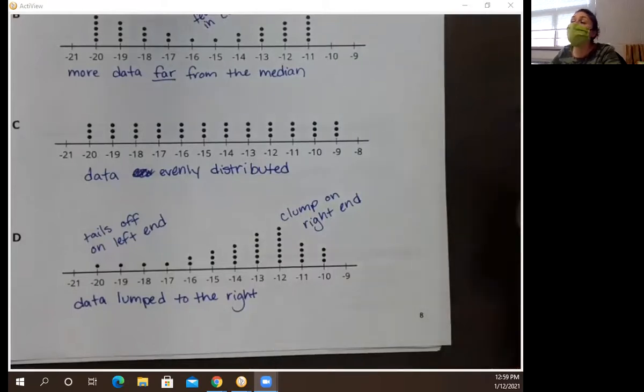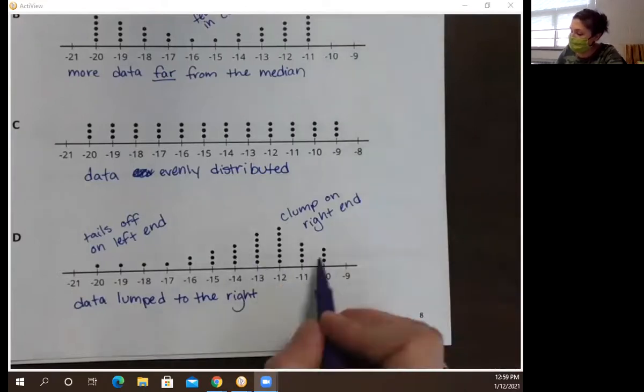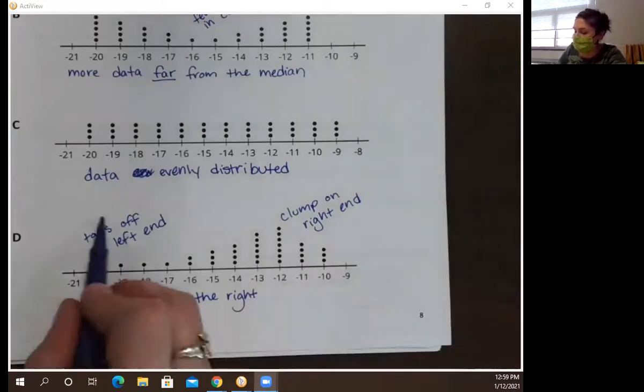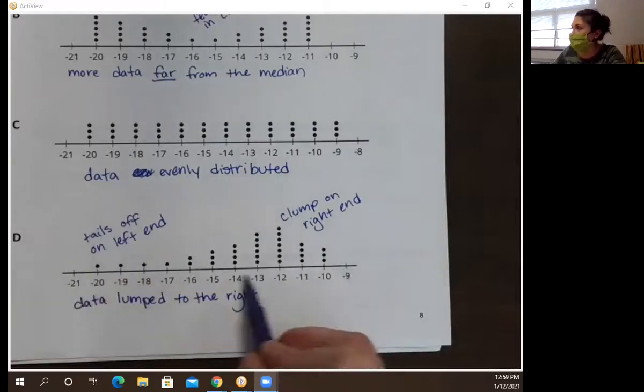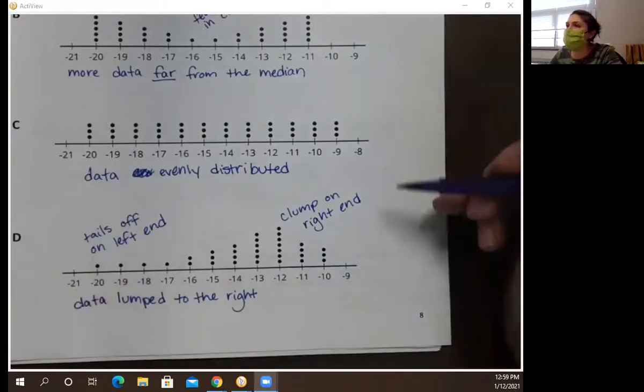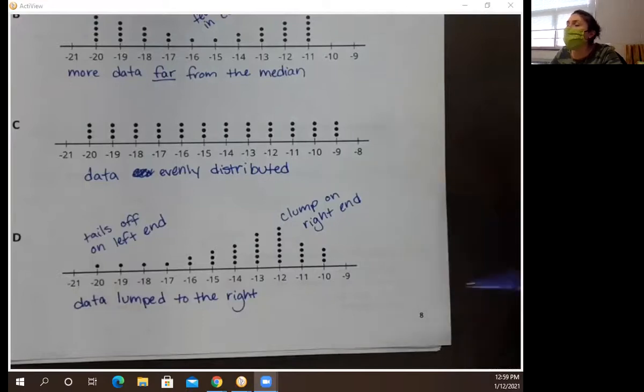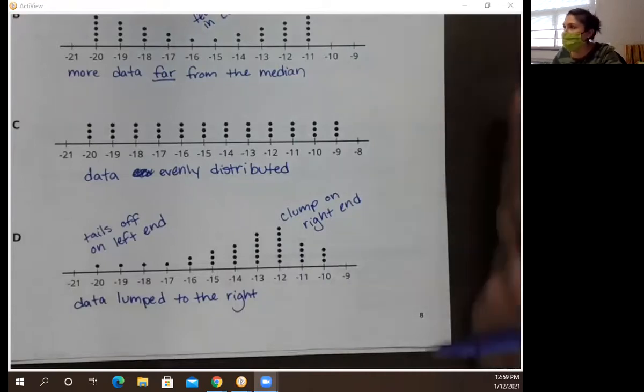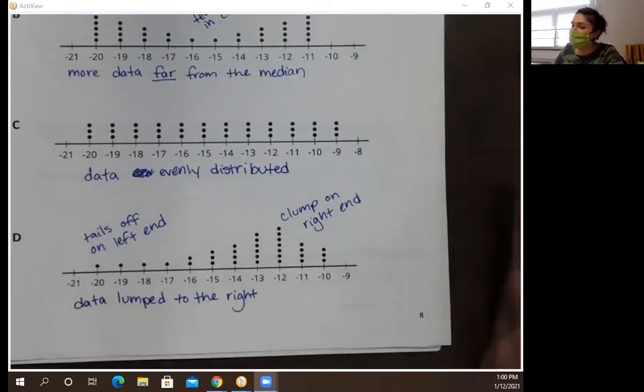And these aren't the only shapes that our data can take. Just as we could have a lump on the right, we could just as easily have a lump on the left where it tails off on the right-hand side. And we've also got a couple other options for big categories that our data graphs can take, different shapes that they can take. But these are some of the ones that we see pretty commonly.